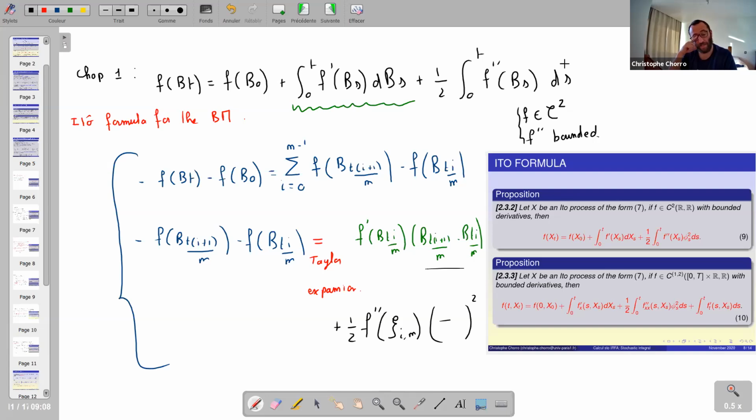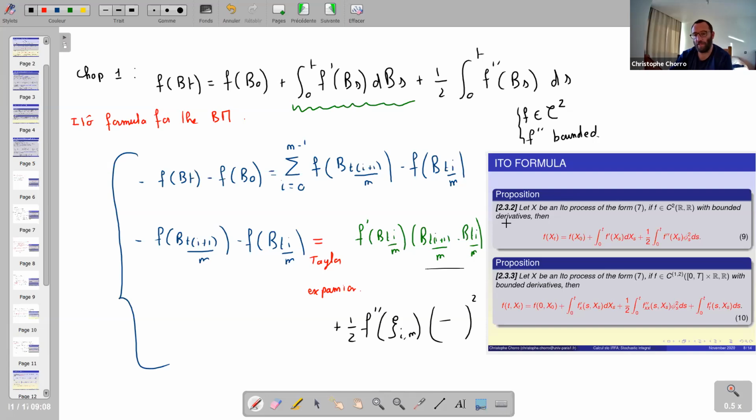So what is nice with this kind of formula is that, using exactly the same sketch of the proof, that is making increments appear on small intervals, then using Taylor expansion, you are going to be able to obtain this formula for Ito processes. It's exactly what is written here.